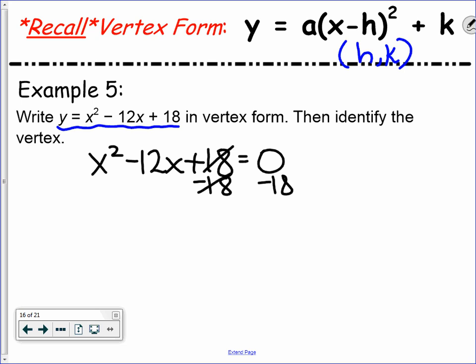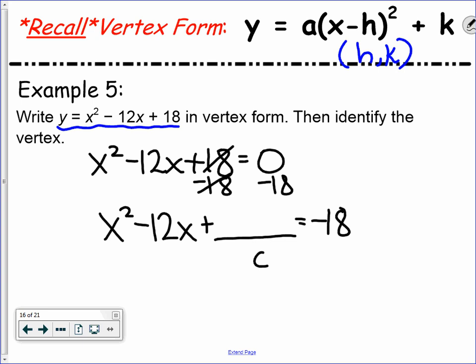Okay, so what you're going to do is you've got x squared minus 12x plus your c value, and we've got to put the c value on the other side. Now 0 minus 18 is negative 18, and then we have to add that c value again.